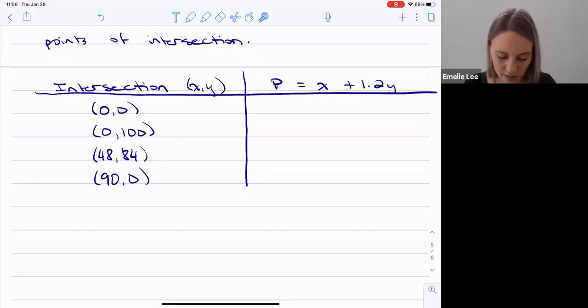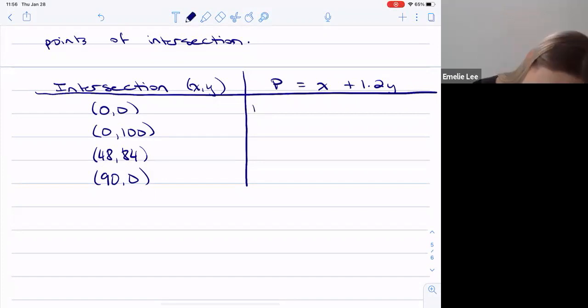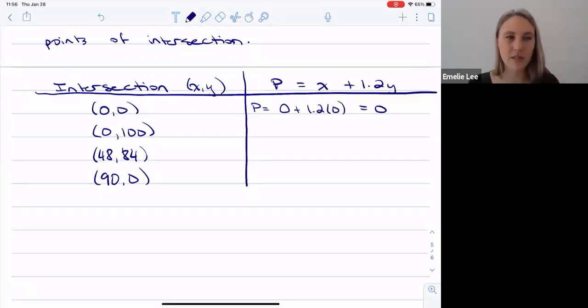So what I'm gonna do is plug in X equals 0 and Y equals 0, and that's my profit at 0, 0. It's gonna be 0, no surprise there, if I'm using no materials and no machinery, if that's what X and Y are, which seems likely, right? So here, my profit is gonna be 0 plus 1.2 times 0, which is gonna be 0.